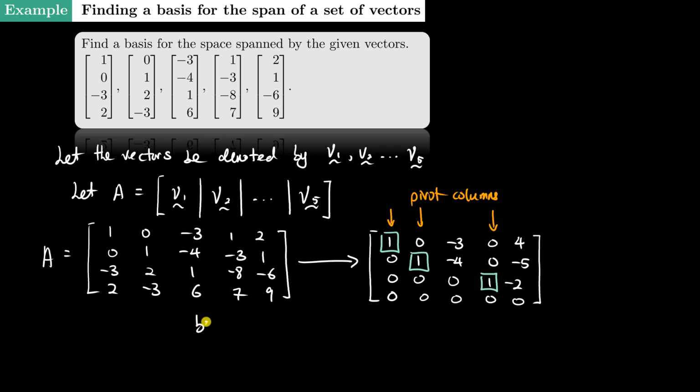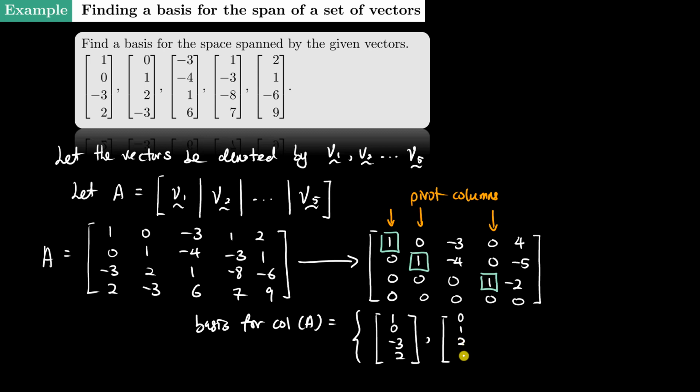Therefore, a basis for the column space of A would be the first column of A, which is 1, 0, -3, 2. The second column of A, which is 0, 1, 2, -3.